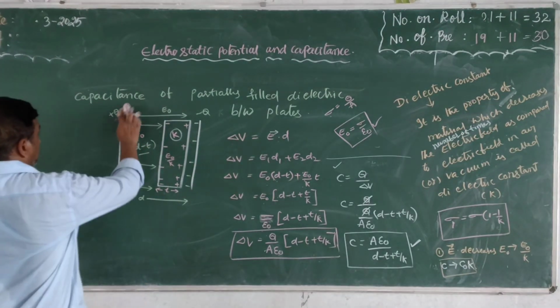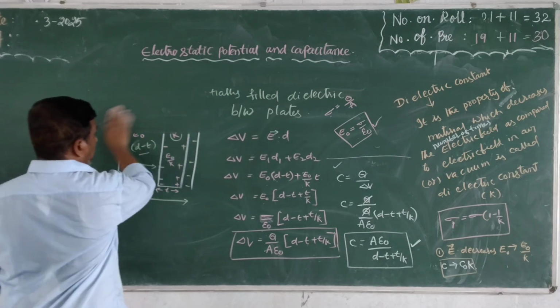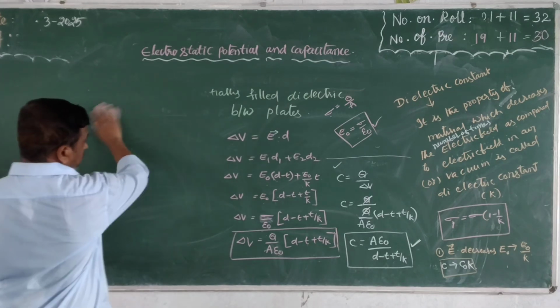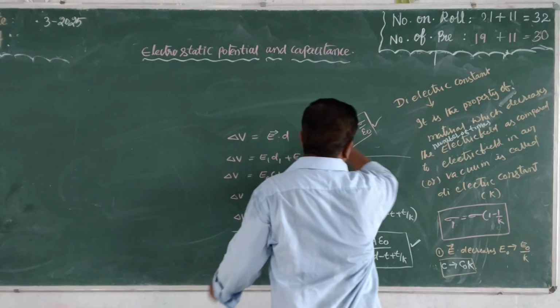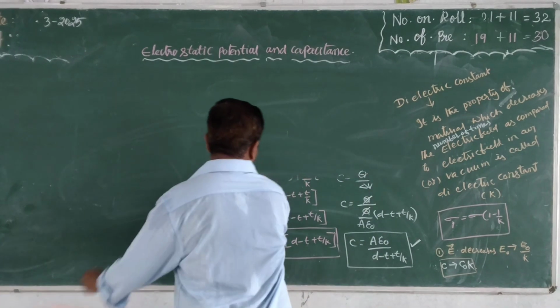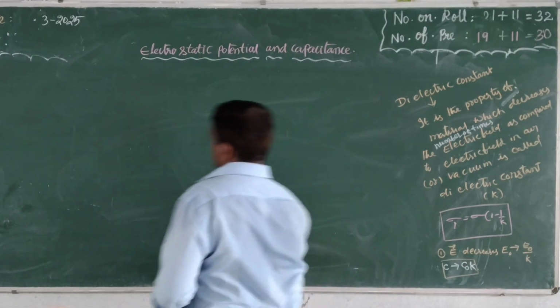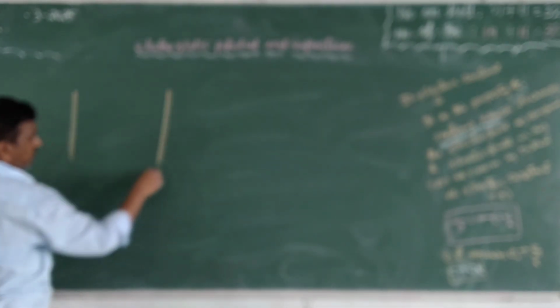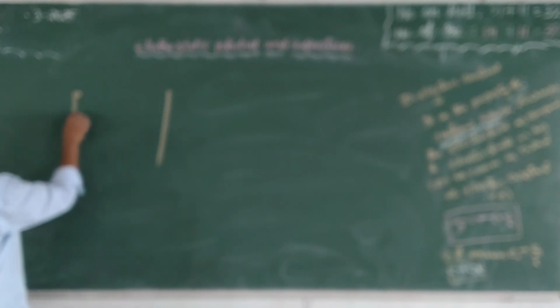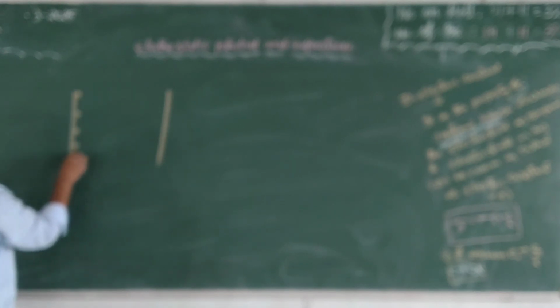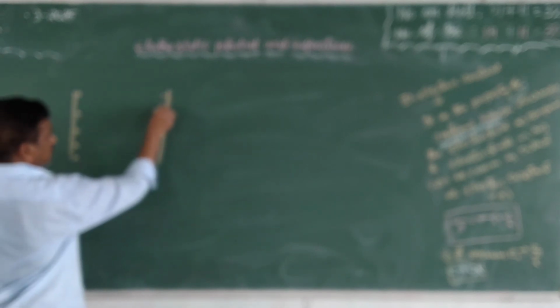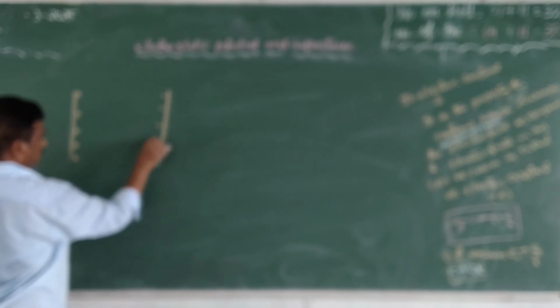For example, see, two dielectrics are placed. What happens? What is the capacitance that we find out? See here, these are the parallel plates. It is plus, and this is minus, negative charge.